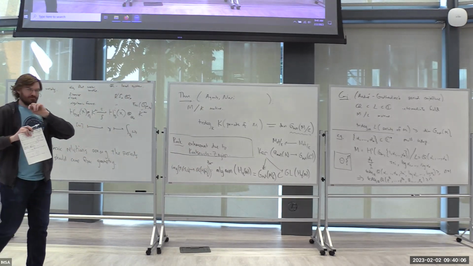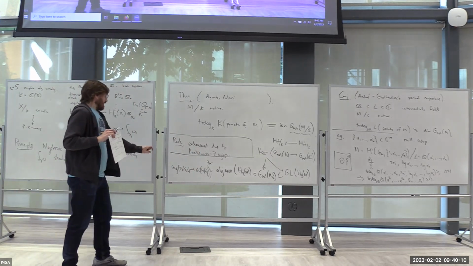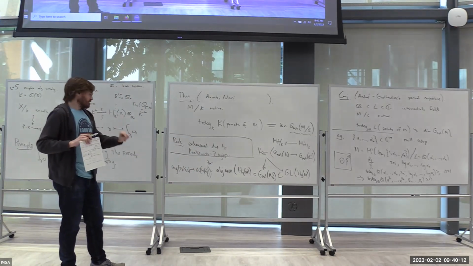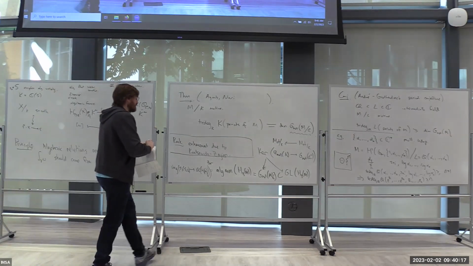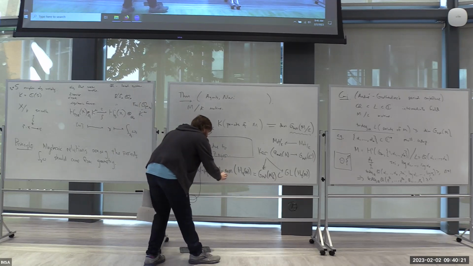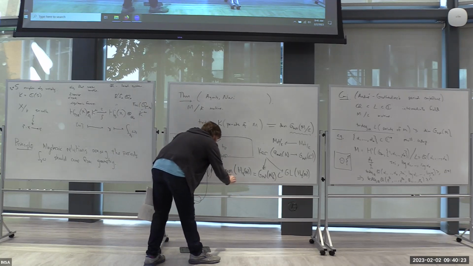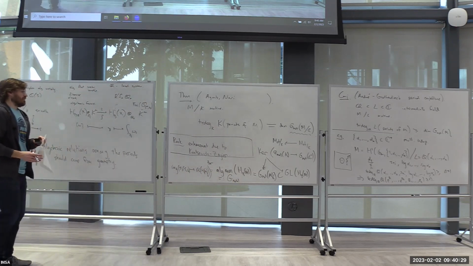It is more or less a statement about motives, sort of. Anyway, I'll come to that. So that's just the algebraic monodromy group. Just for the future, so I don't have to keep writing it out, if I have a local system B, let me use the notation G sub B for its algebraic monodromy.